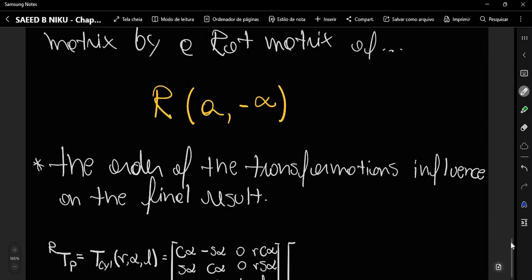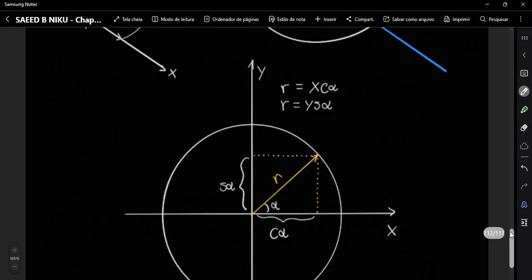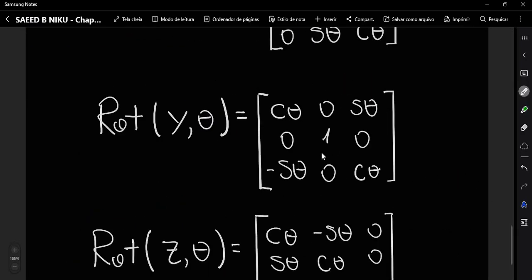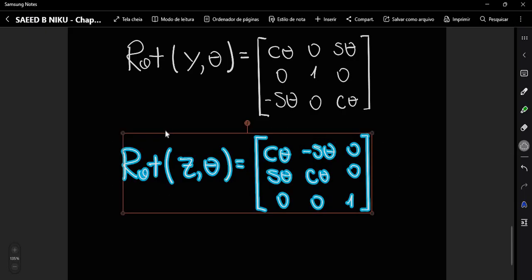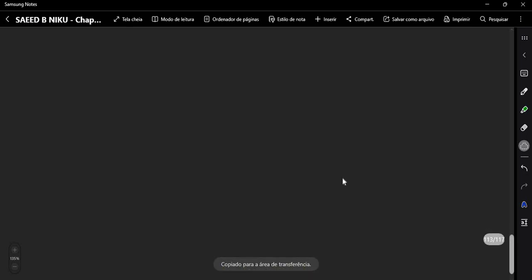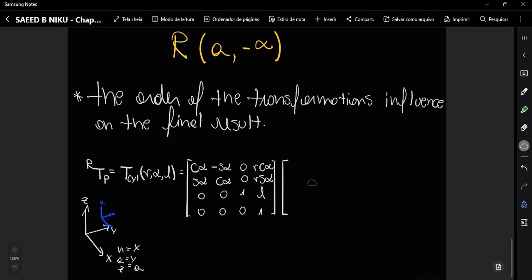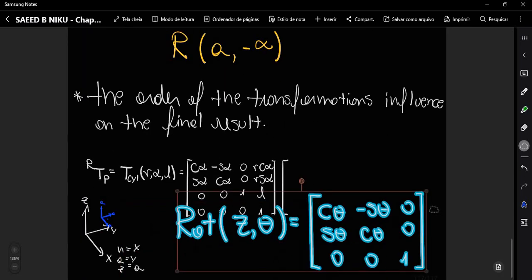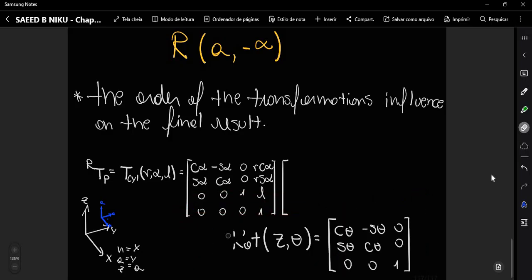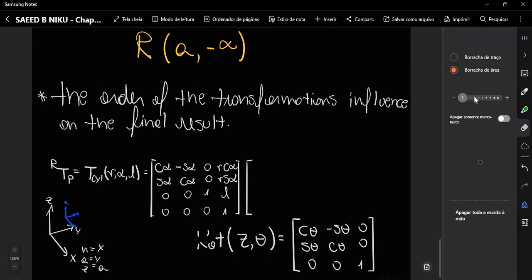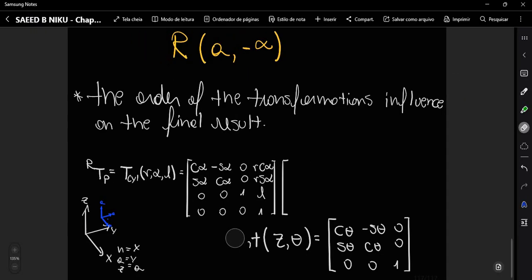So let me look for the characteristic rotation matrix of Z, and we find it.